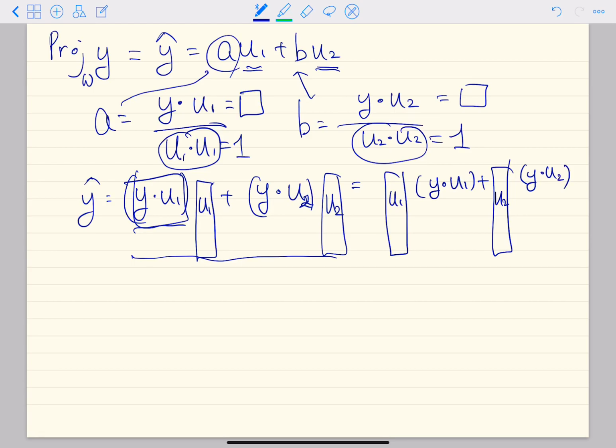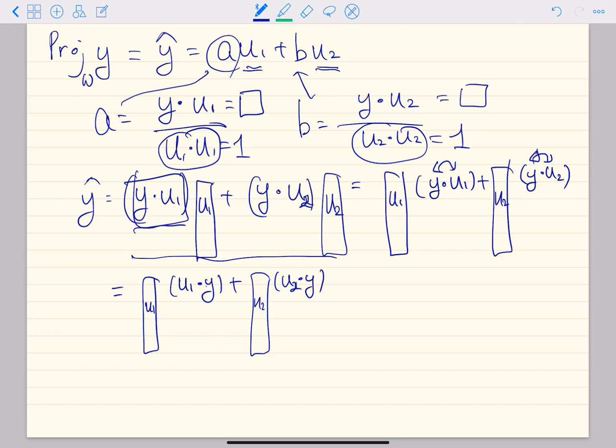We just simply change the order between the scalar and the vector. And let's also change the order of the inner product here: u1 times (u1 dot y) plus u2 times (u2 dot y), right?